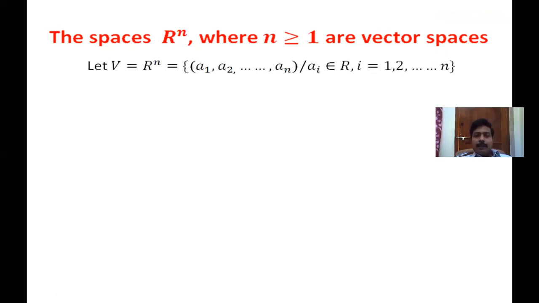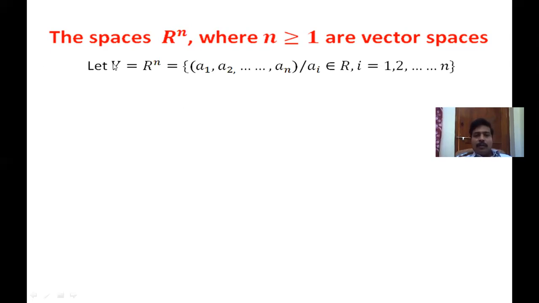For convenience, let us name it V. Let V is equal to Rn is equal to the set of n-tuples, that is a1, a2 and so on up to an, such that each ai belongs to R, i is equal to 1, 2 and so on up to n.